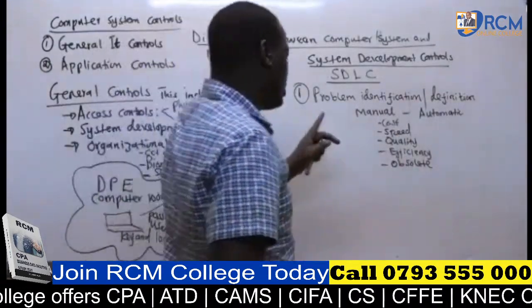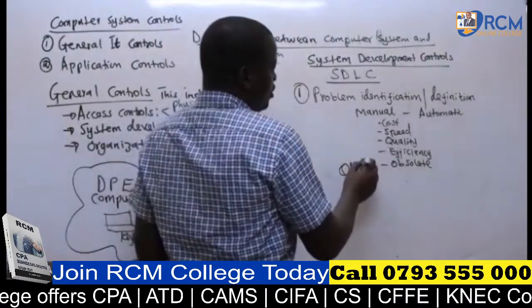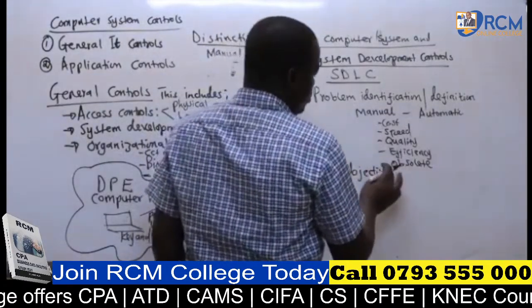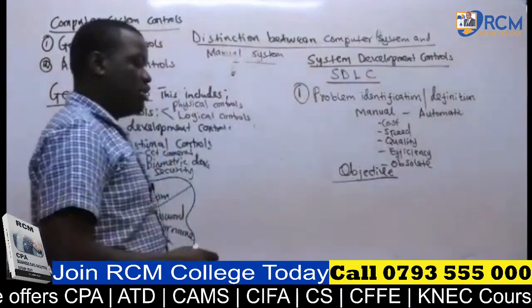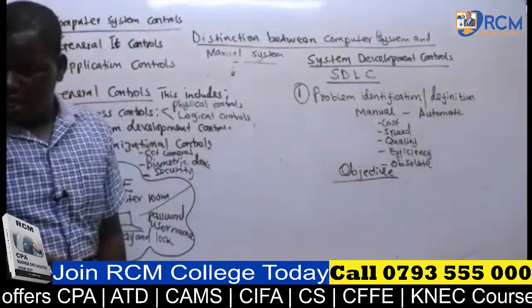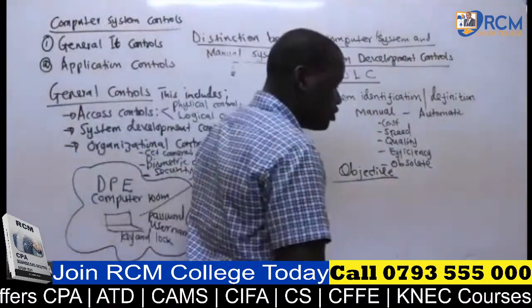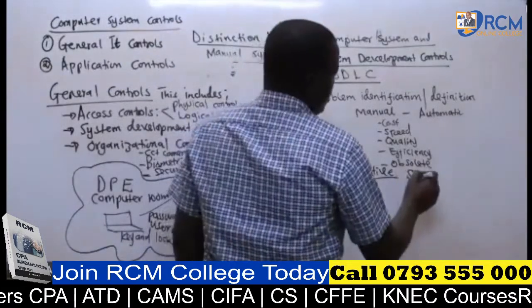So at this particular stage, the auditor will always focus on what we call the objectives, to see whether they identified the objectives to be achieved. There is a criterion used by the auditor in verifying whether the entity was able to set a good objective, what we call the SMART criteria.